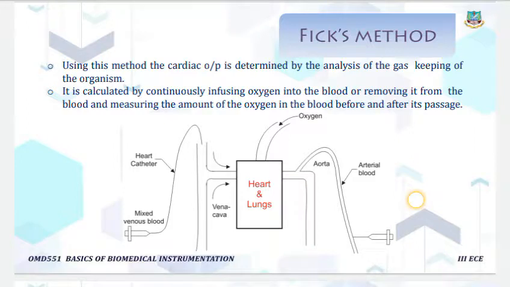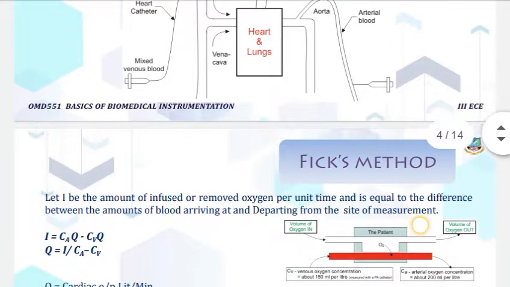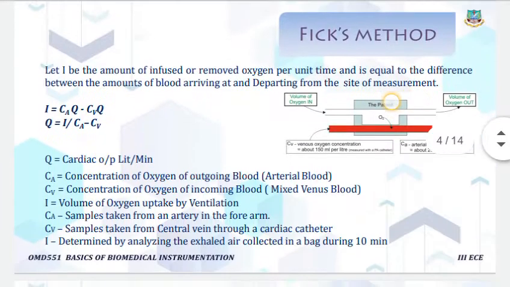This figure shows the Fick method. Here, let I be the amount of infused or removed oxygen per unit time, and it is equal to the difference between the amount of blood arriving at and departing from the site of measurement. So I is the amount of oxygen removed in 1 minute.